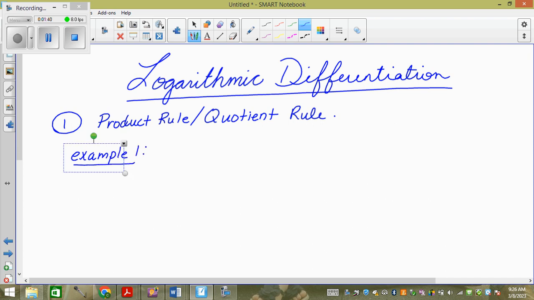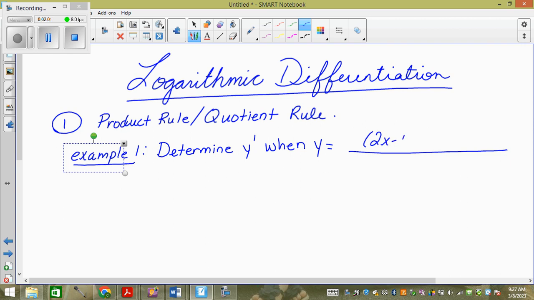Okay, so our first example is: determine y prime when y equals (2x minus 1) cubed times (4x plus 3) squared, over (2x plus 5).